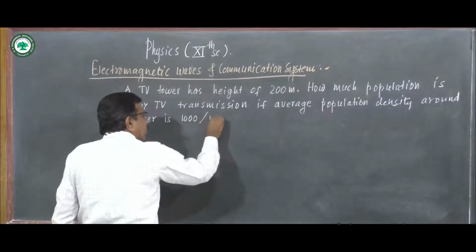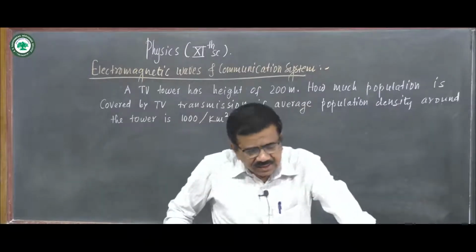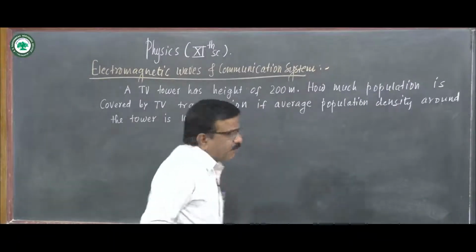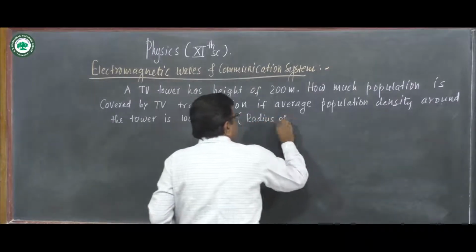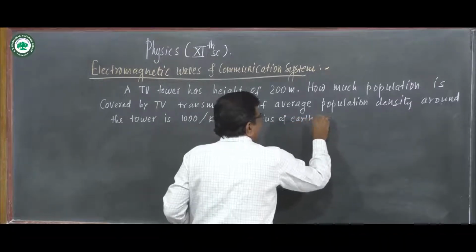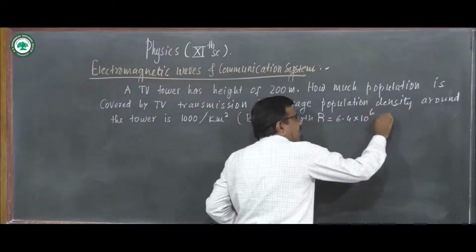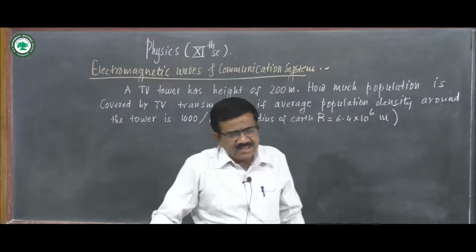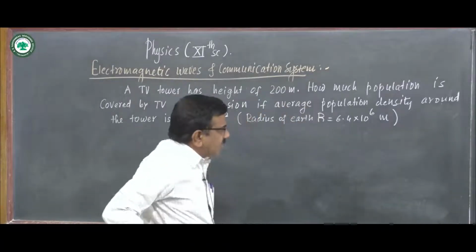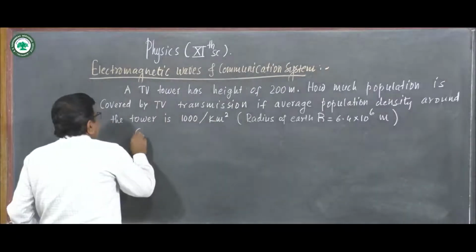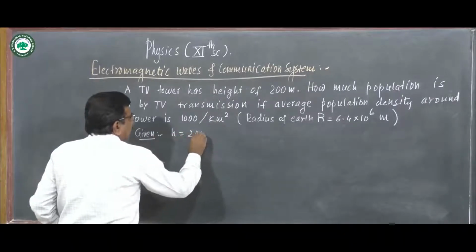The radius of the Earth is given, that is capital R, 6.4 into 10 raised to 6 meter. Here the height of the television tower is given. So given H is 200 meter. The given data is the height of the tower is 200 meter.